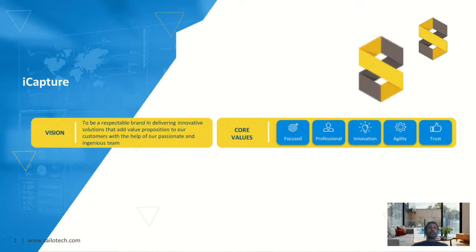Just for a couple of surveys that have been done by very reputable organizations: according to Accounts Payable Network, 80% of invoices arrive on paper and through email and are keyed in manually into a transaction system.